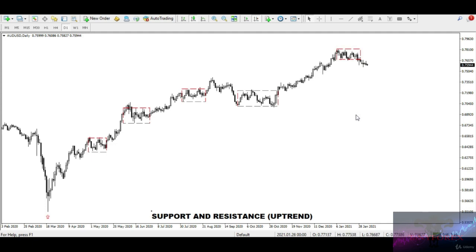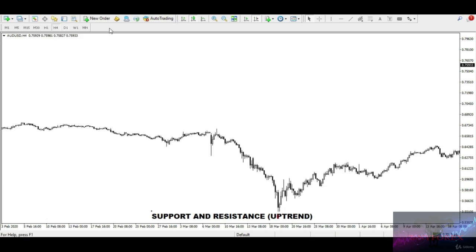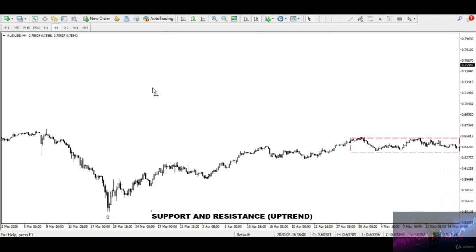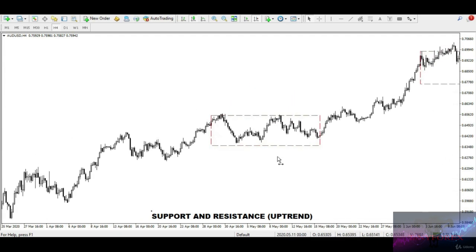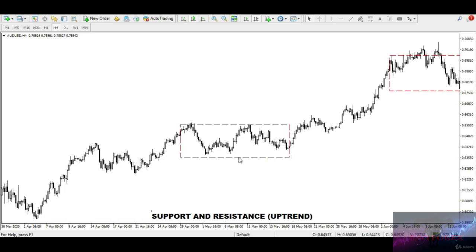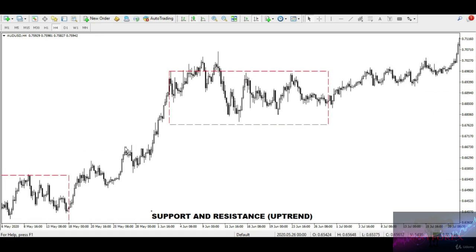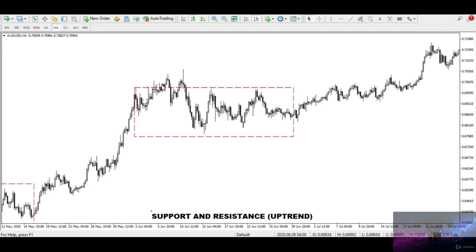Now I will switch to one lower time frame to zoom in on the selected price areas. Guys, you will notice here that price showed very less or no violation of high and low of these price zones.